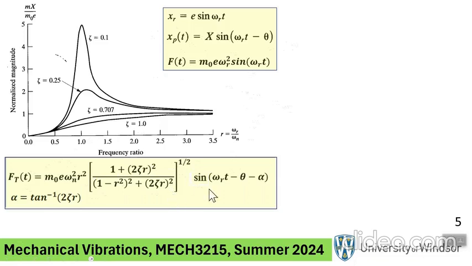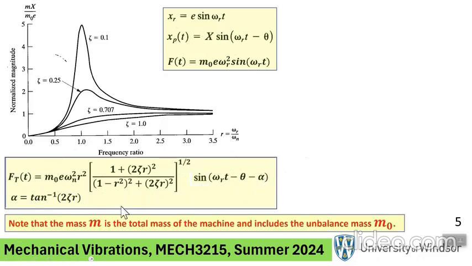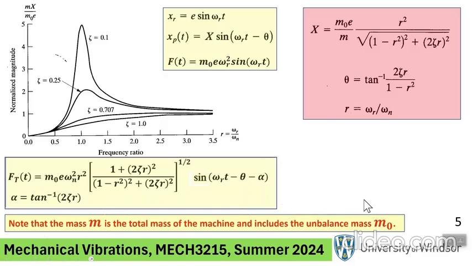Okay. Now, in here, this alpha, if you're talking about the transmitted force to the base, to the foundation, to the ground, this alpha is given by that expression. And just keep in mind that M is the total mass of the machine, and M naught is the mass of the rotating component. Just remember that.